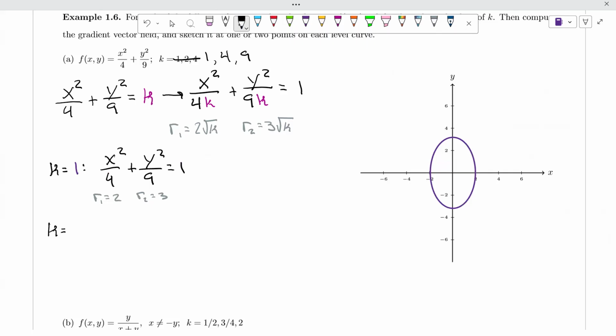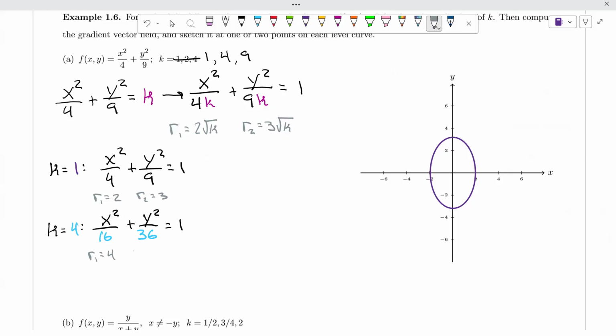For my next level curve, I'll set k equal to 4, and that'll give me the equation x squared over 16 plus y squared over 36 equals 1. And look at my semi-major and semi-minor axes.